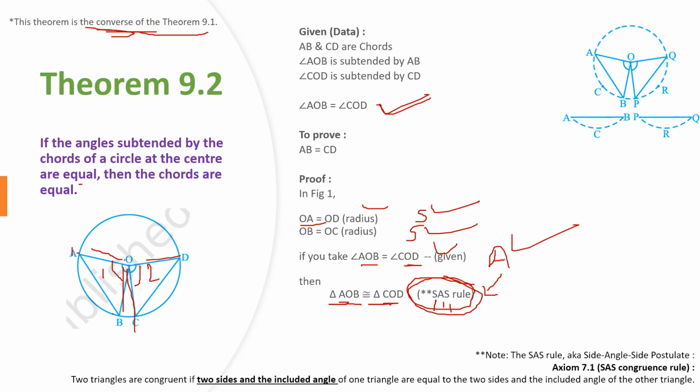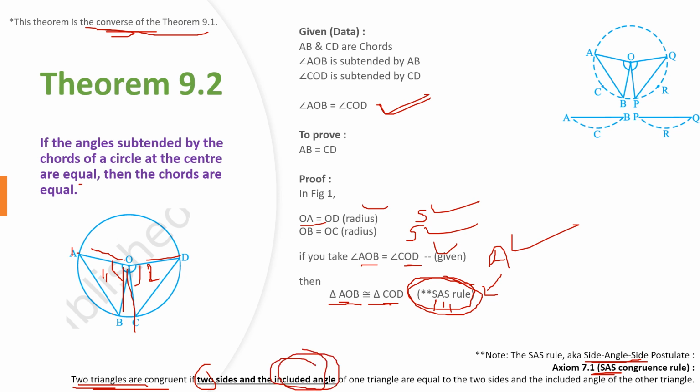Let's also get into the actual theorem. Look at the side-angle-side postulate. Two triangles are congruent, in this case triangle AOB and COD, this one and this one, if two sides and the included angle of one triangle are equal to two sides and the included angle of the other triangle.